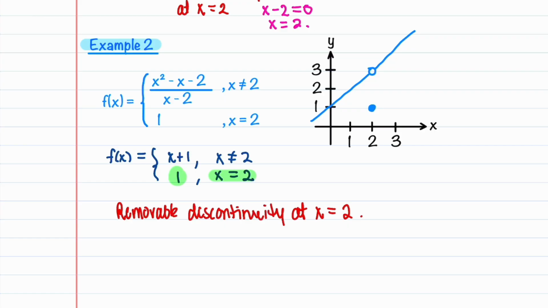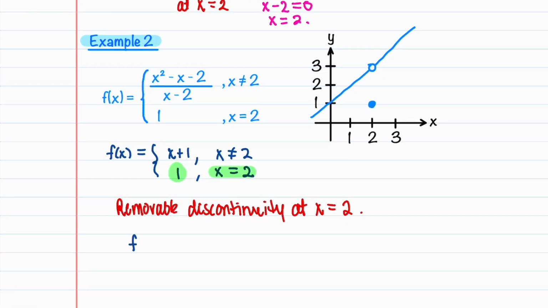Before we go on, let's relate this problem to our definition of continuity. The value of our function at 2 is equal to 1, and the limit of our function as x approaches 2 is equal to 3.